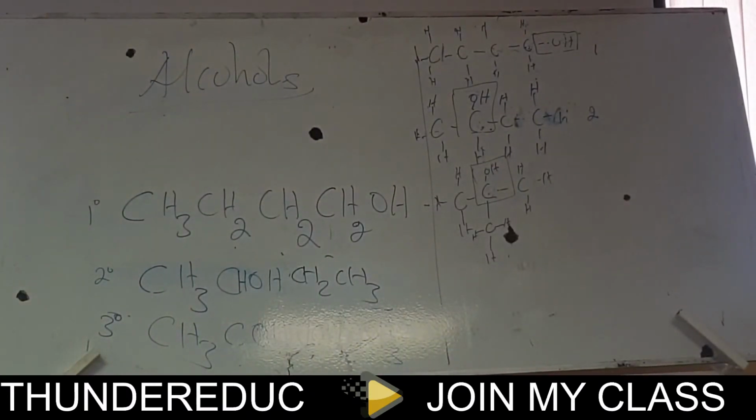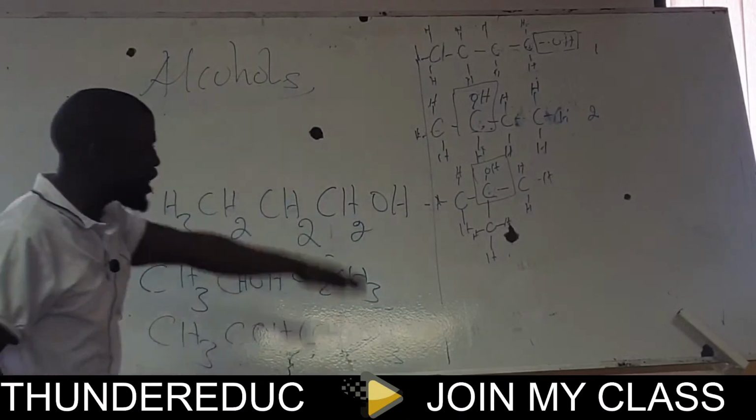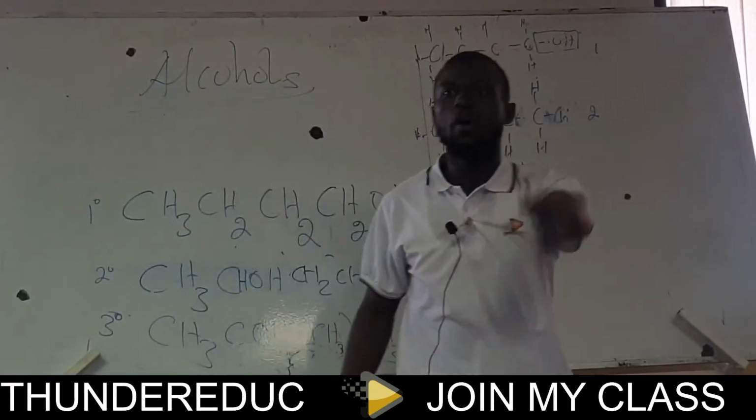For the chain isomers, the names also change, but the number of carbon atoms remains the same.